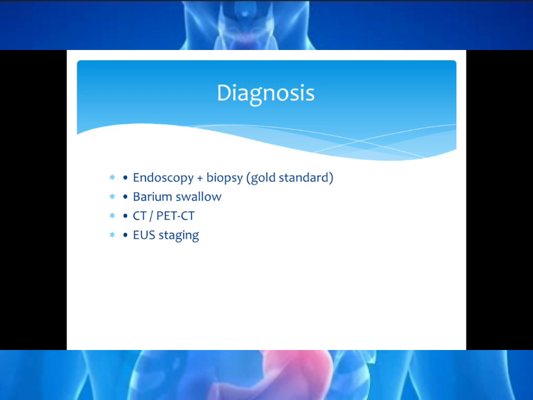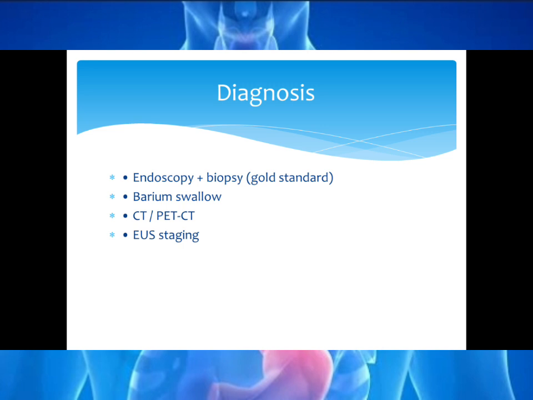So first we should use EGD because it gives the definitive diagnosis for esophageal cancer. The second one is barium swallow, useful if a stricture prevents scope passage; it shows a filling defect or stricture pattern.